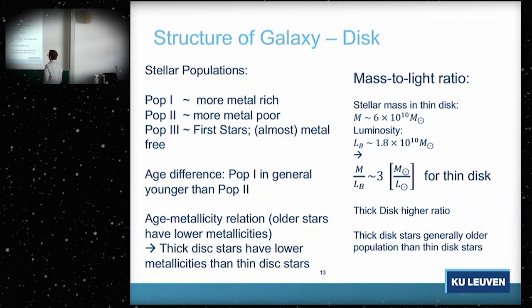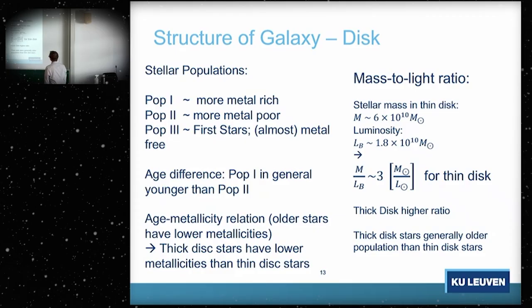Then we have an age difference, of course, that POP1 in general is younger than POP2, right? So you get an age-metallicity relation. And this age-metallicity relation is very strong, and it's very much used in extragalactic astronomy also to characterize this. Older stars have lower metallicities. Thick disk stars have lower metallicities than thin disk stars.